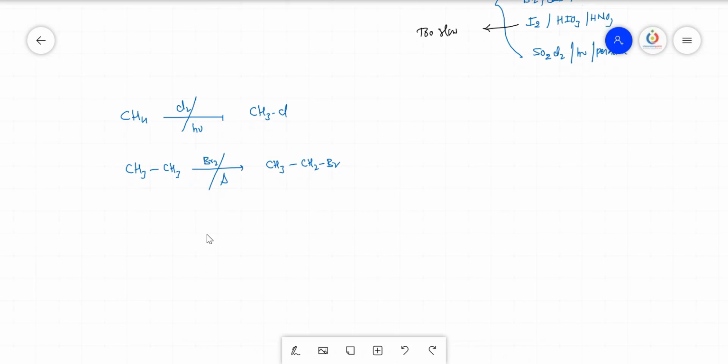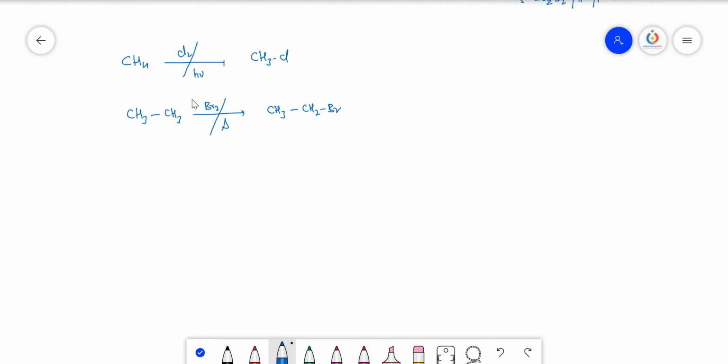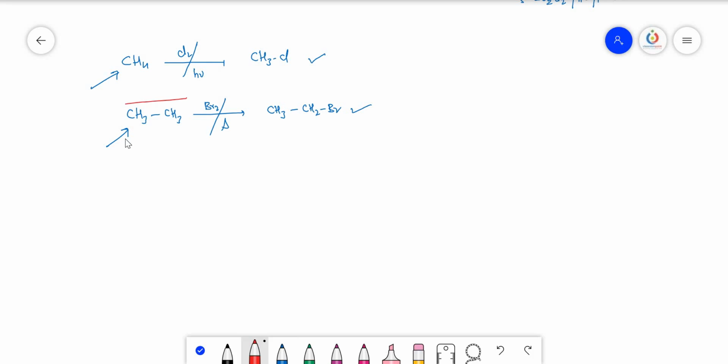But the condition is, whether you are taking bromination or chlorination, if the alkane you are selecting has only one type of hydrogens, then you will get only one type of alkyl halide. And if you want to get only the monohalogen derivative, in such cases, always try to take the alkane molecule in excess amount and halogen in the less amount.